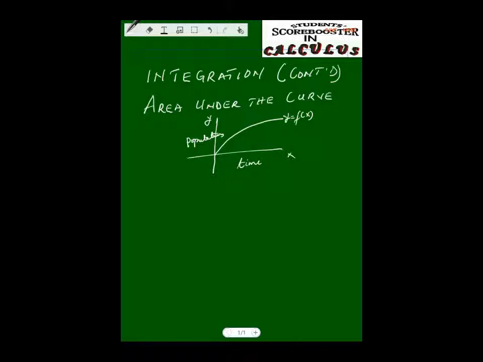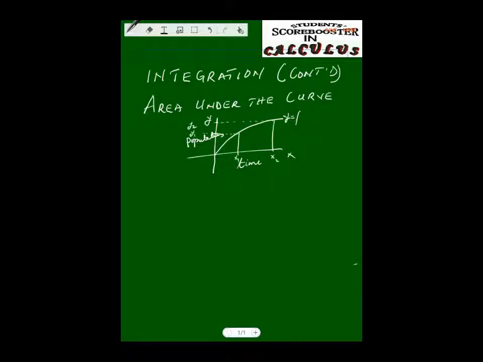One rough way of doing this is to draw out varieties of shapes that you are familiar with. For example, we can draw out a rectangle, a trapezium, a triangle, and so on. Find the area of these shapes and add them together.